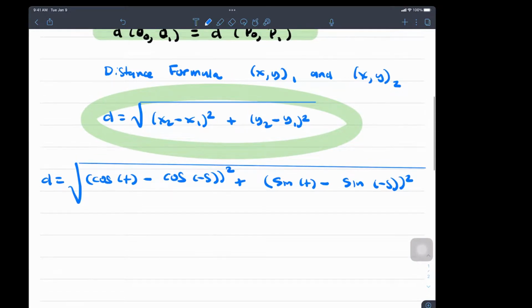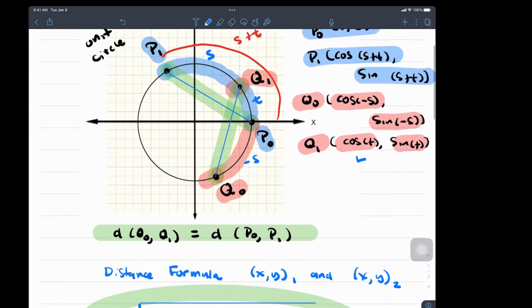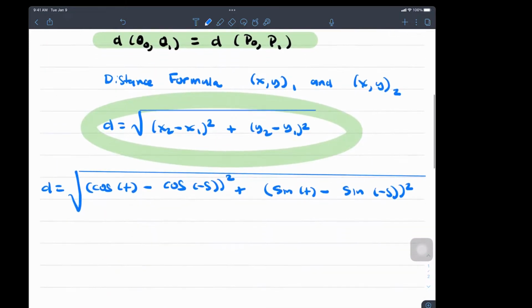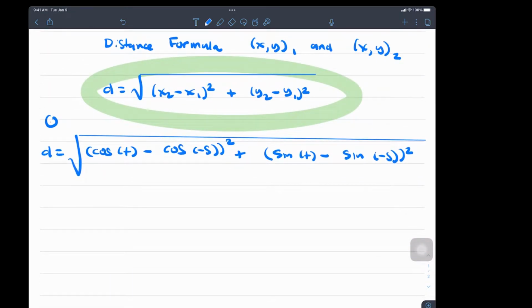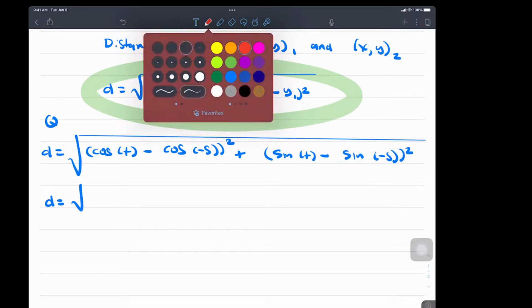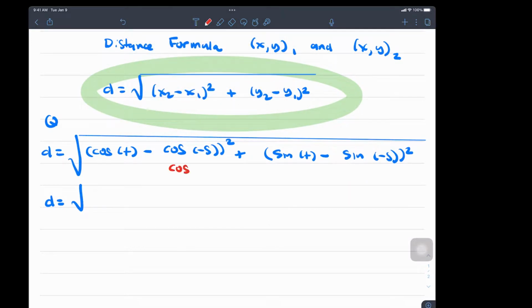So this is for the Q's, using the distance formula. Now cosine(minus s), you guys know what this is. What's that going to be? That's just cosine s, is that right? Sine(minus s) is minus sine s.